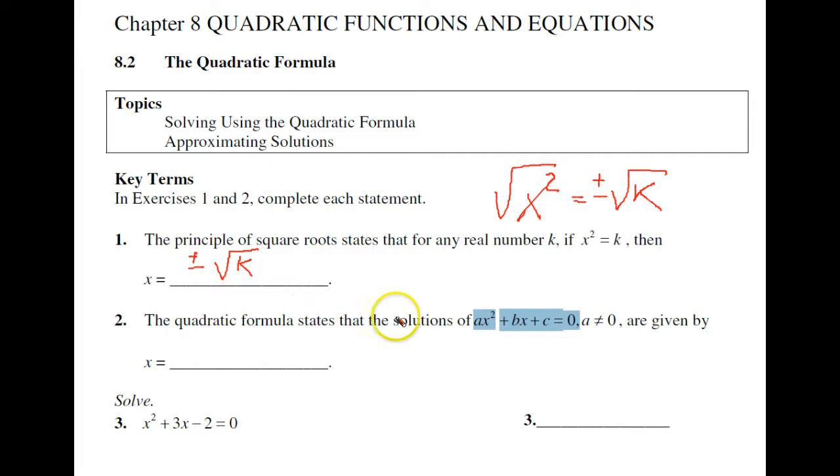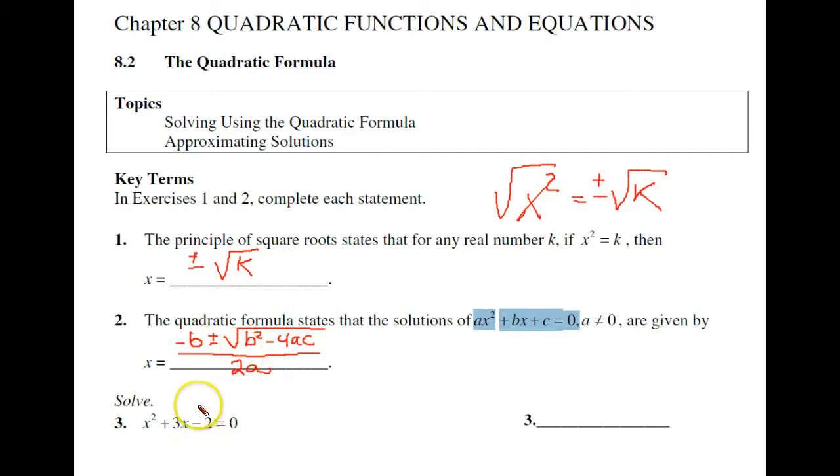And in the quadratic formula, by completing the square, this becomes negative b plus or minus the square root of b squared minus 4ac, all over 2a. Now, this is the quadratic formula.